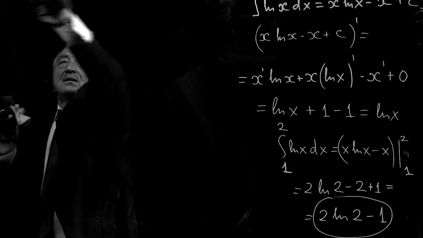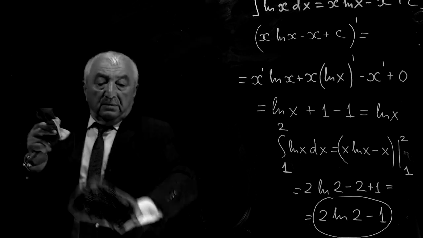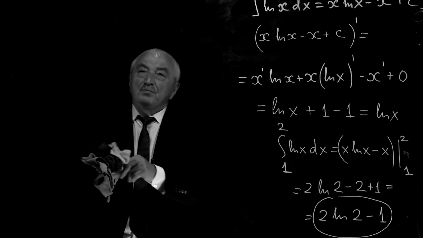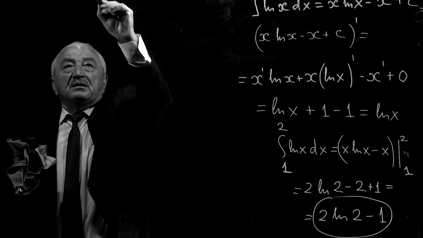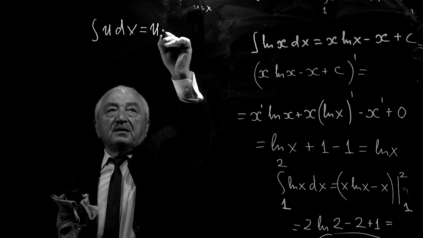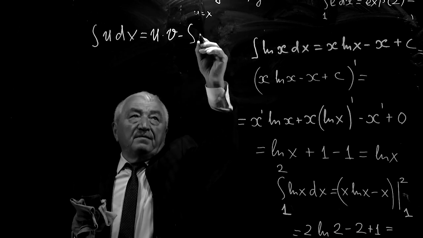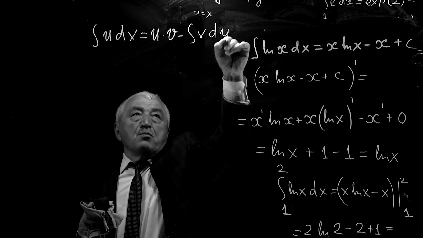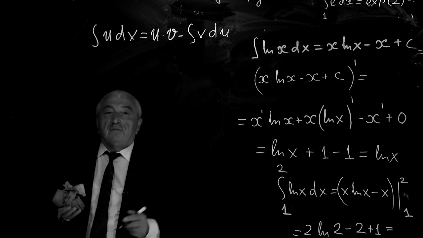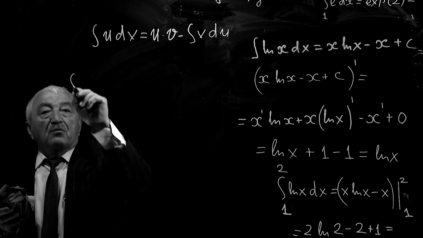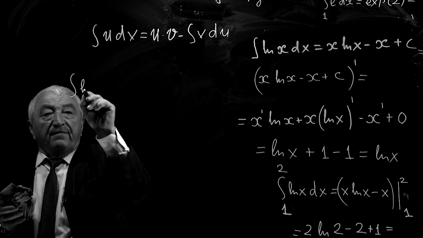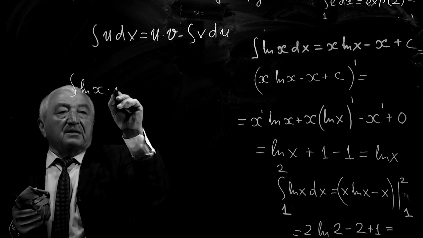Integration by parts is a very usable formula: the integral of u dv is equal to uv minus the integral of v du. For example, our example, the integral of logarithm x dx.